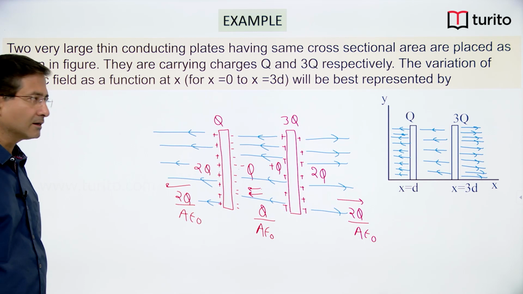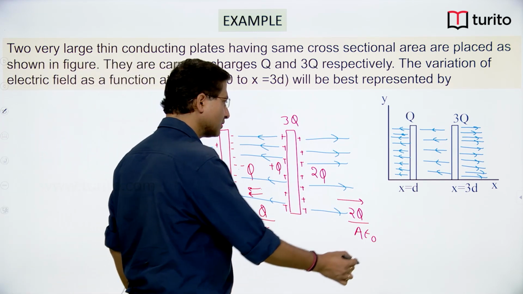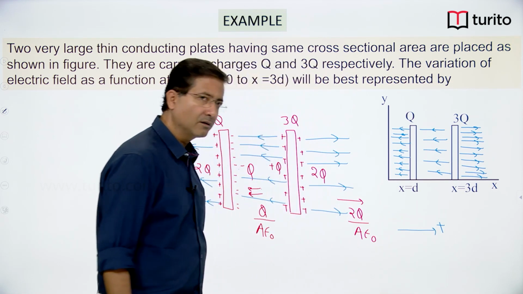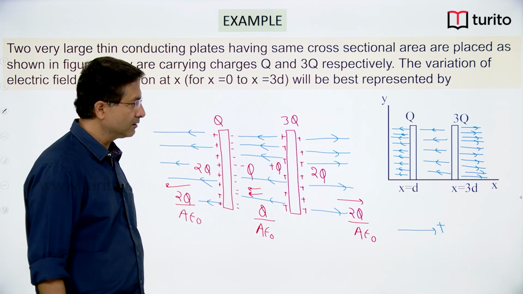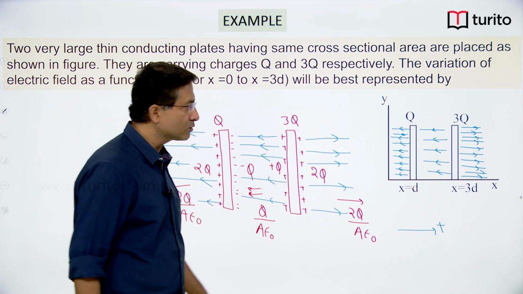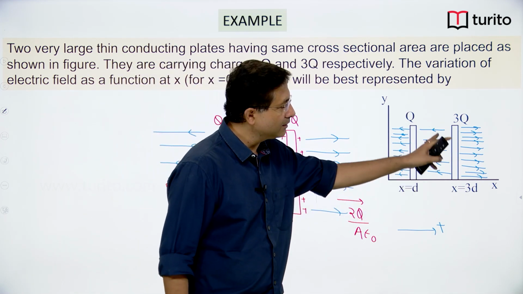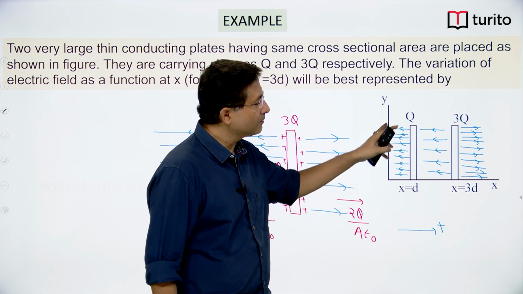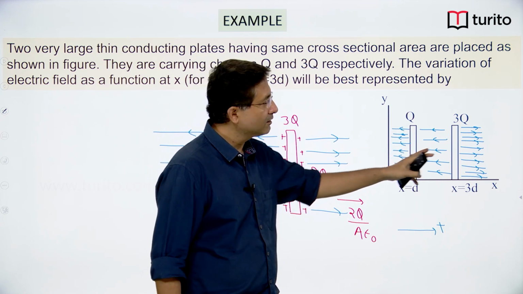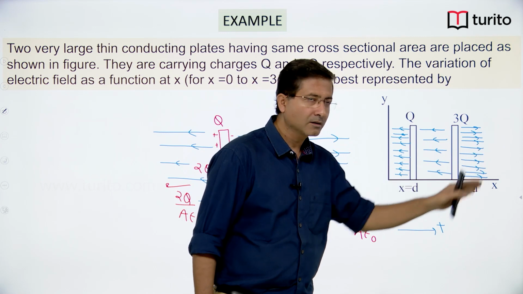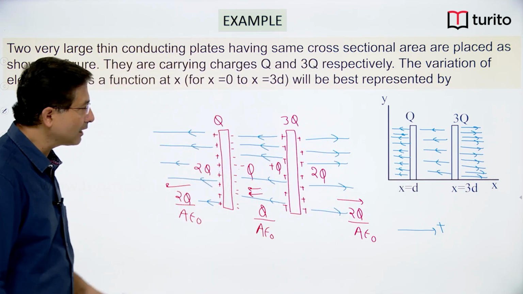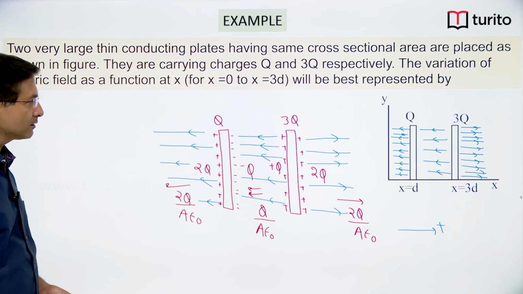Now if I consider this direction, positive x direction, for positive electric field, and opposite to that negative. So this region will be in negative direction, this region it will be along positive x direction, right, and this we have to figure out in the given variation.